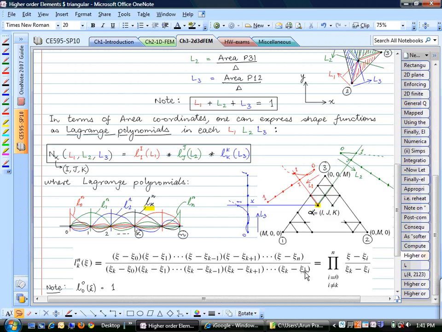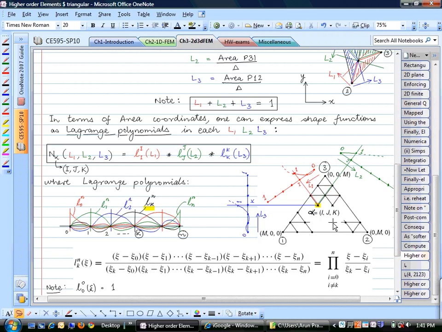Okay. So now that we know what the Lagrange functions are in one dimension, we are going to utilize these Lagrange functions to come up with the shape functions for a general triangle.